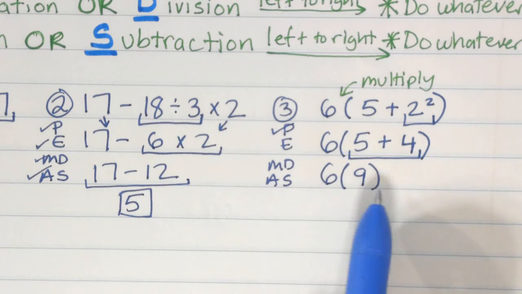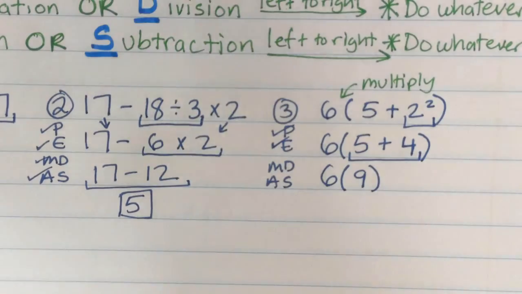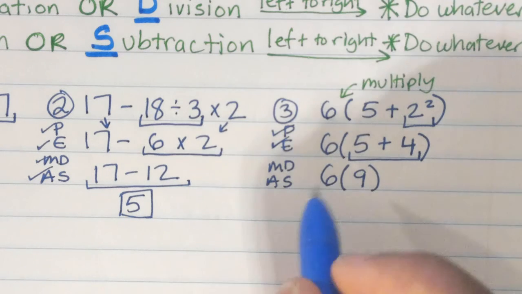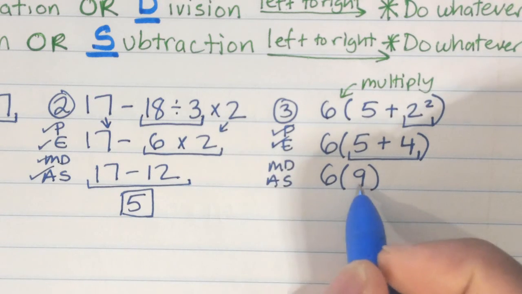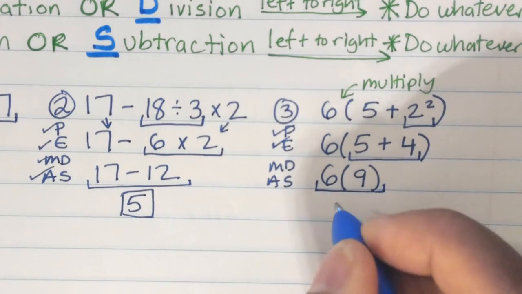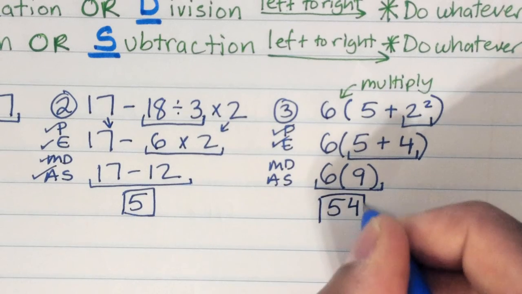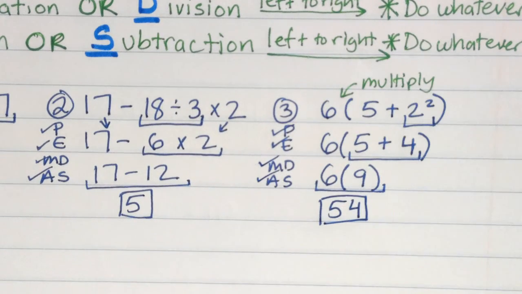Do I see any exponents? No. Yes, I do have parentheses, but there's no operations inside of the parentheses. 6 times 9 is what's going on. Do I have multiplying or dividing? Yes, we do. 6 times 9 will get me 54. Great job. There's no adding or subtracting, so I just put a check mark there. We're good to go.